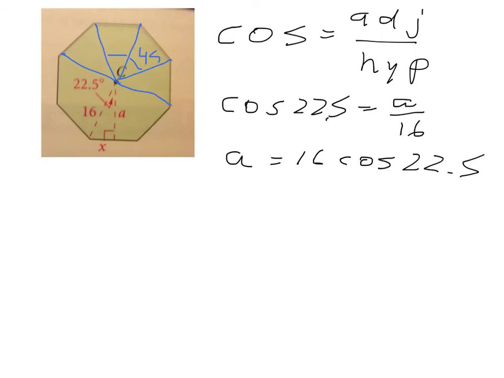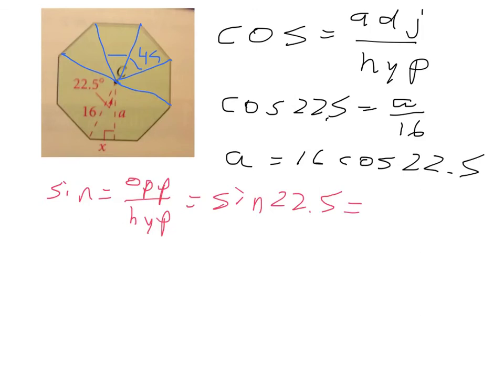That's the apothem. Now to get x, we're going to use sine. Sine is opposite over hypotenuse. So the sine of 22.5 is going to equal x over 16.